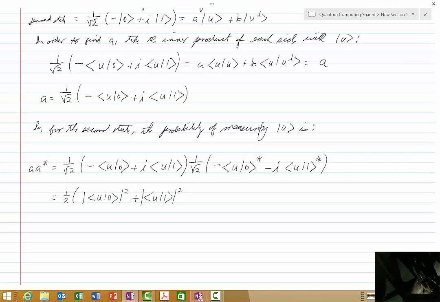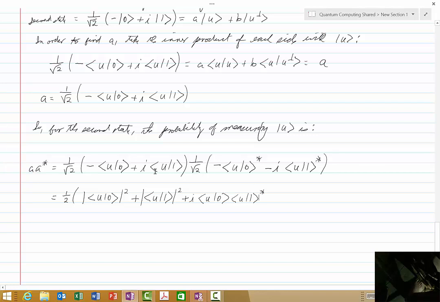And now, as before, we also have some cross terms. When we multiply this by this, notice we have a negative and negative, so that'll give us a positive. So we have plus I times the inner product of U with 0 times the inner product of U with 1 conjugate.